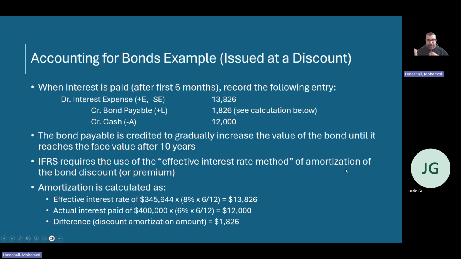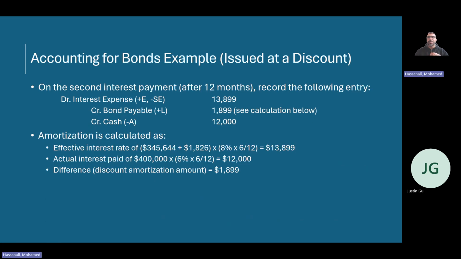So now this was the first interest payment. When you get to the second interest payment, the numbers are a little bit different. When you're doing the effective interest rate method, you again calculate the three things.